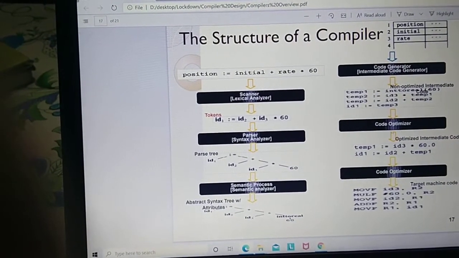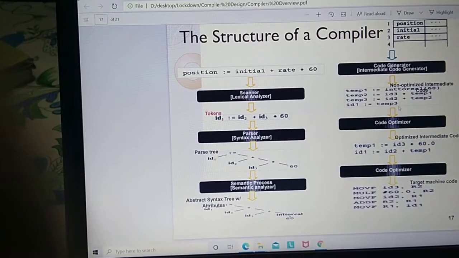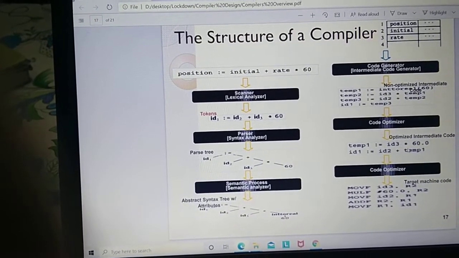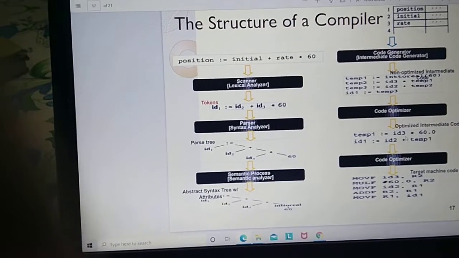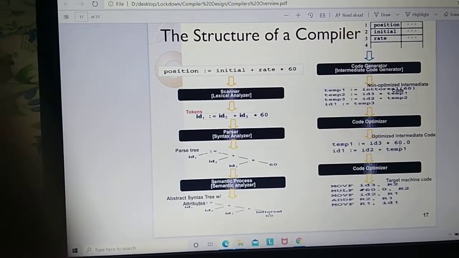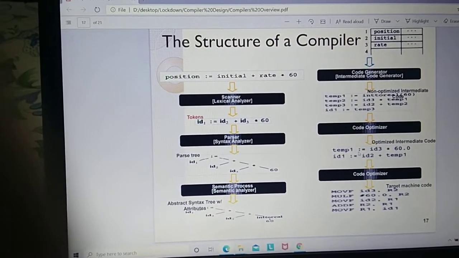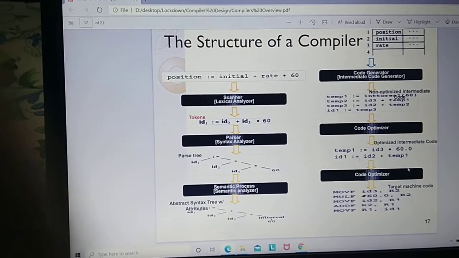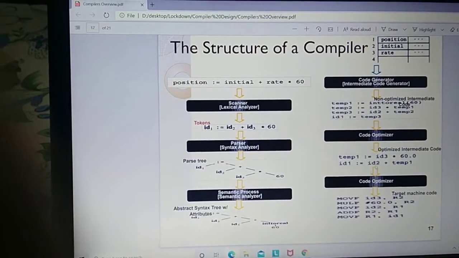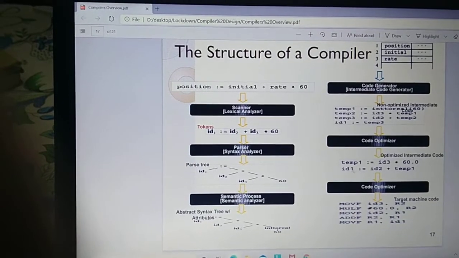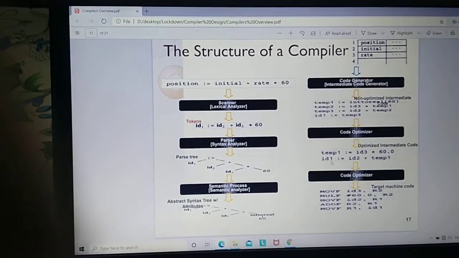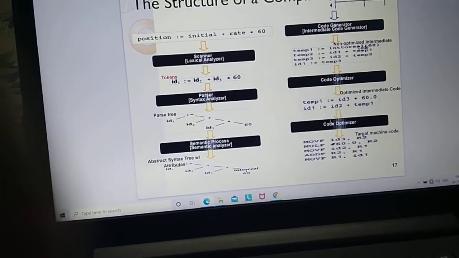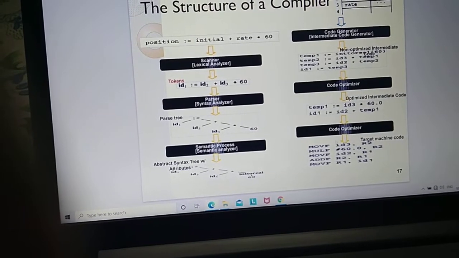Then it passes through the code optimizer and the 4-line code becomes a 2-line code. Here identifier 3 is multiplied with 60 and assigned the value to temp1. Then temp1 is added with identifier 2 and assigned to identifier 1.